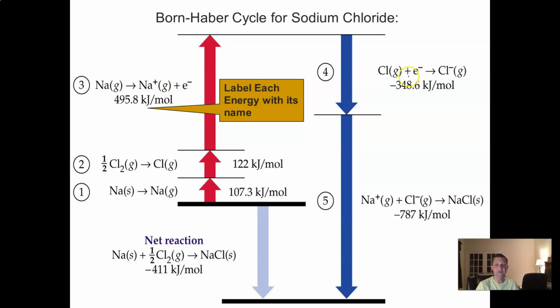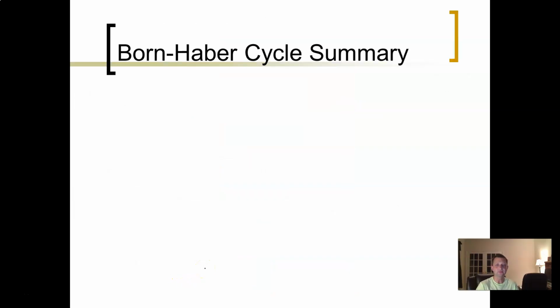Step 4, gain your electrons. Step 5, put it all together. Okay, so take a look at your notes to figure out what those vocab terms are. Here's your overall net reaction formation equation there. You get negative 411. So energy goes in, in, in. In this case, it comes out for step 4, big time out for step 5. And your overall negative 411. That's what we want to see.